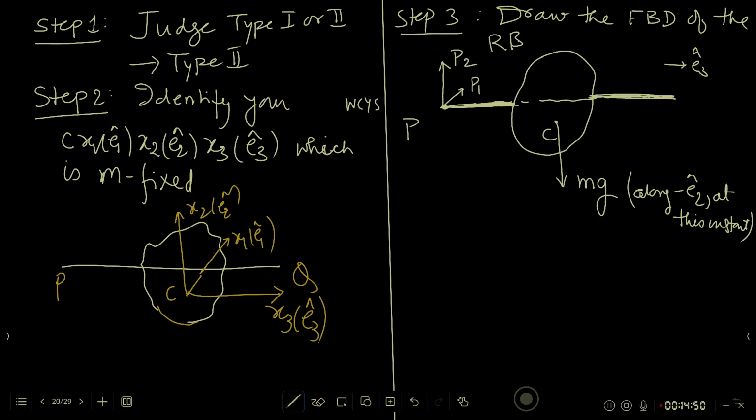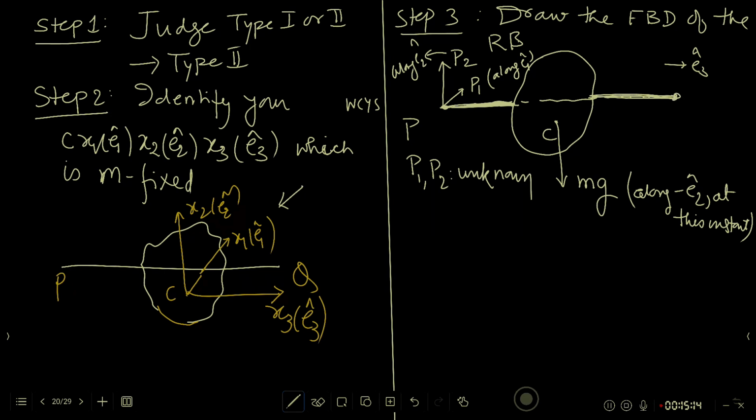This is along E1 and this is along E2. You can look at the orientation of my working coordinate system here. P1 and P2 are unknown scalars. Unknown. I will find them.